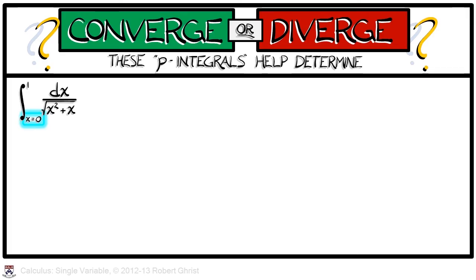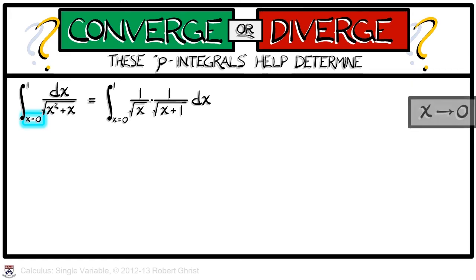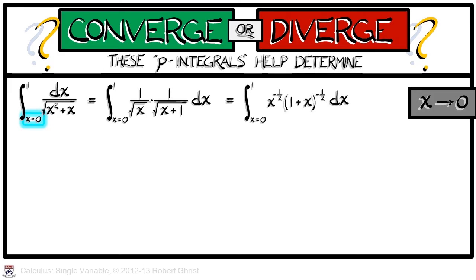But notice that if we factor out a square root of x from the denominator, then we're left with 1 over square root of x plus 1 as a factor. Now let's rewrite that, thinking that we're going to be looking at what happens as x is near 0. I can write this as x to the minus 1/2 times quantity 1 plus x to the minus 1/2.